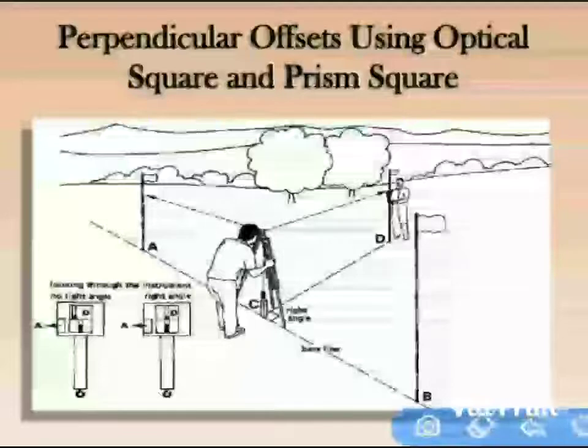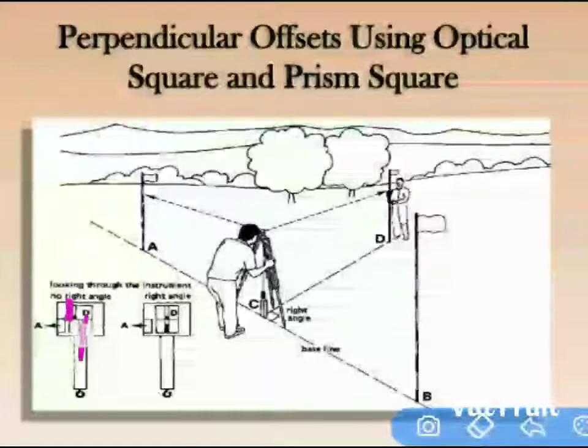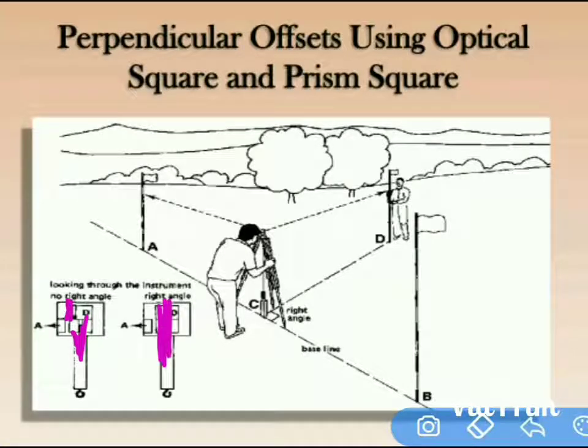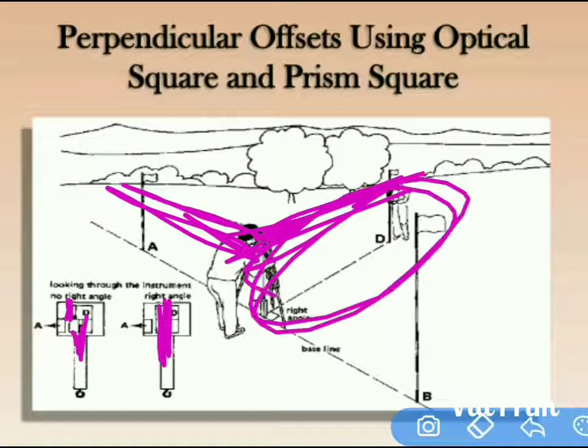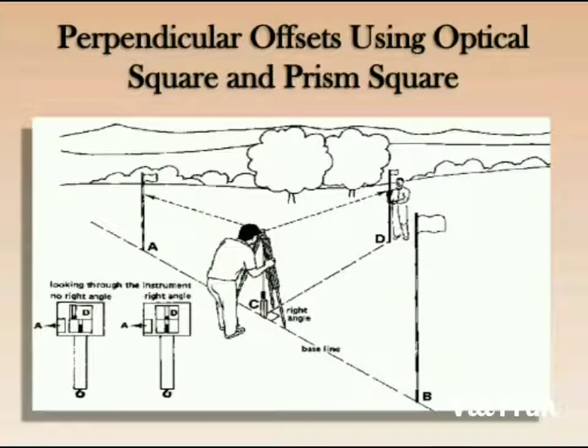See, previously we can observe that the distances, the values C and D, are on different lines. After setting, they come to a straight line. Here this line is perpendicular to this line, so automatically the offset will become perpendicular. Clear?